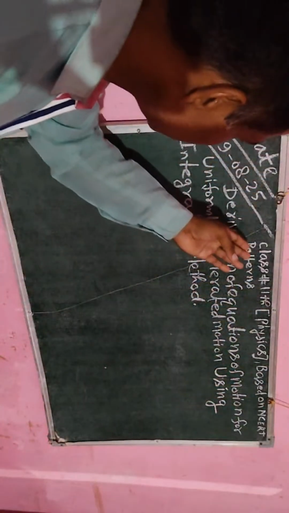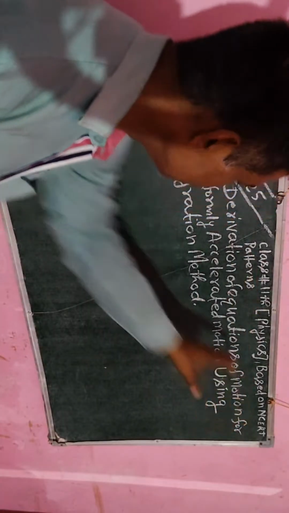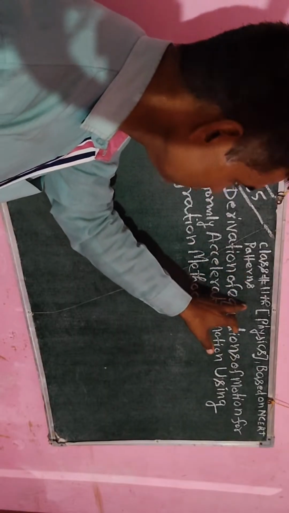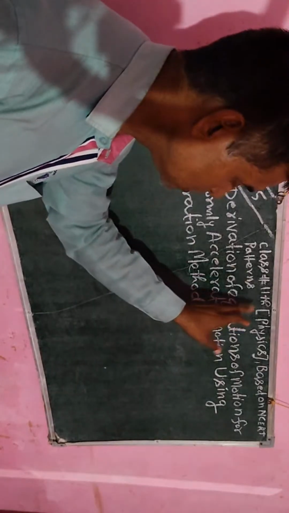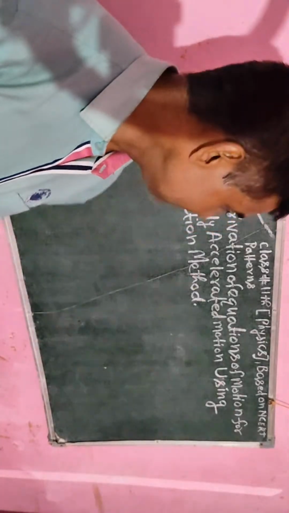Now here I have written class 11 physics. It is also based on the NCERT pattern, that is, the CBSE board, because students who are reading in English medium can understand this information in English.